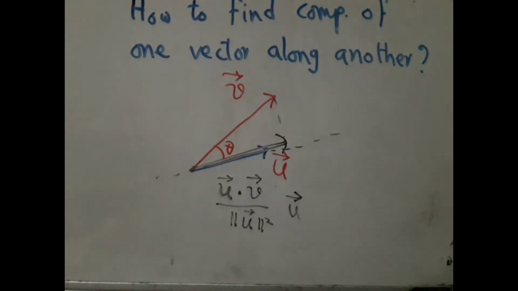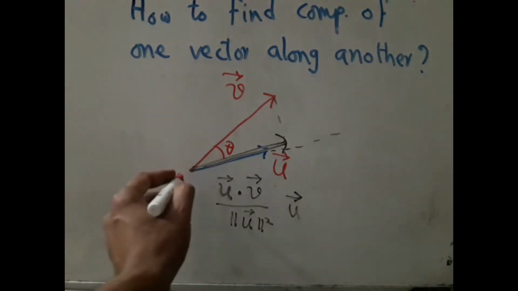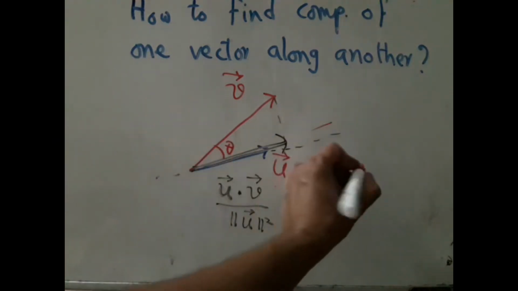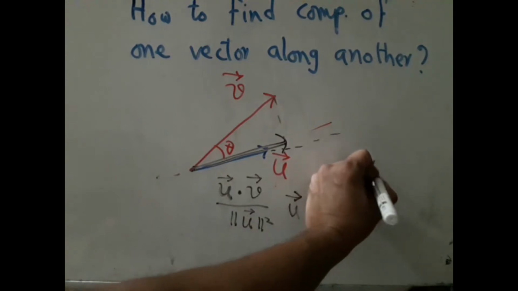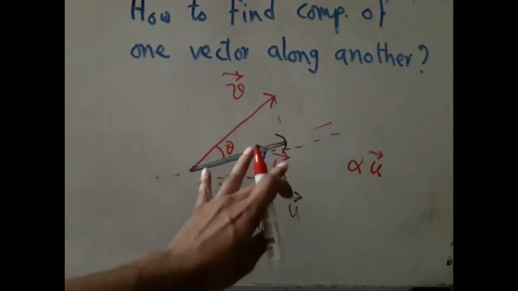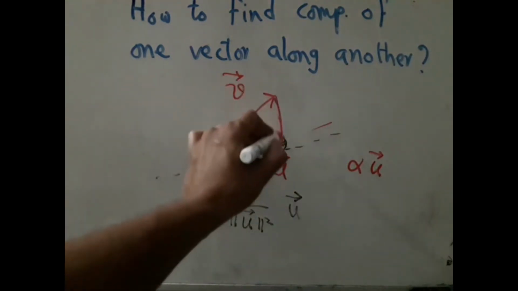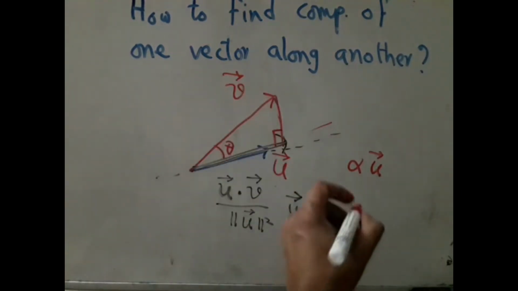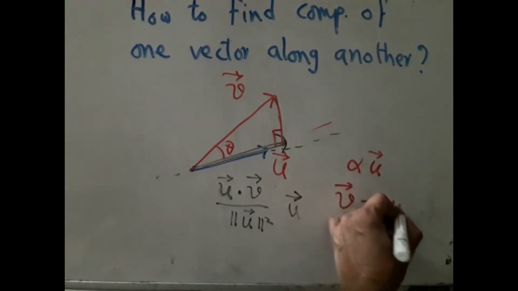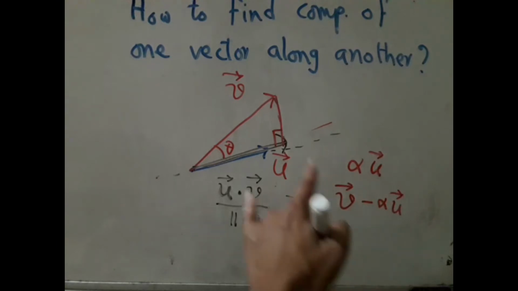The main reason why it works is that you just consider any arbitrary vector along this line, which will be of the form alpha u. You are looking for that particular alpha u such that this will be perpendicular. In other words, you are looking for v minus alpha u to be perpendicular to u.